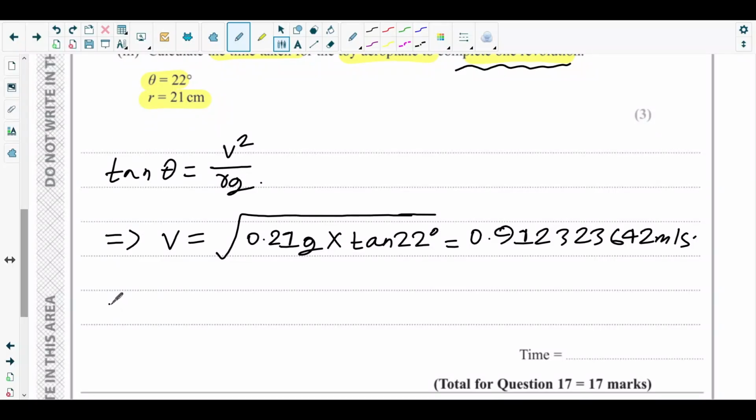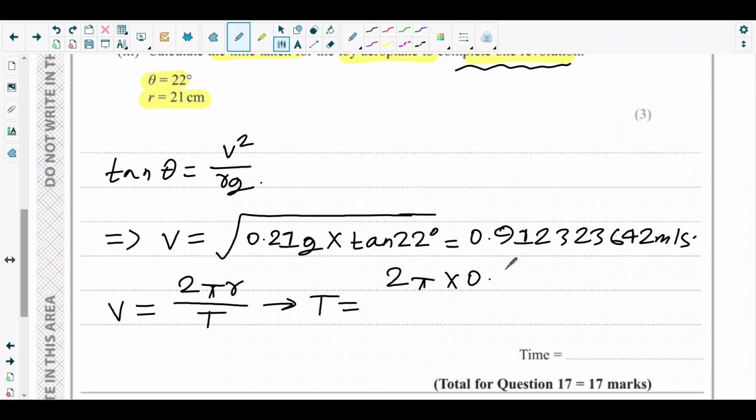The orbital speed equals 2 pi r over capital T, so let's make T the subject. We need that time period. T equals 2 pi times r, where the radius is 0.21, over the orbital speed 0.912.